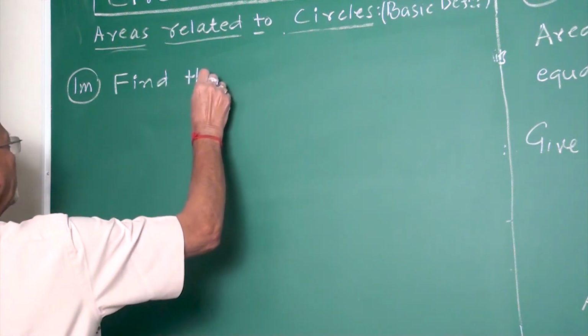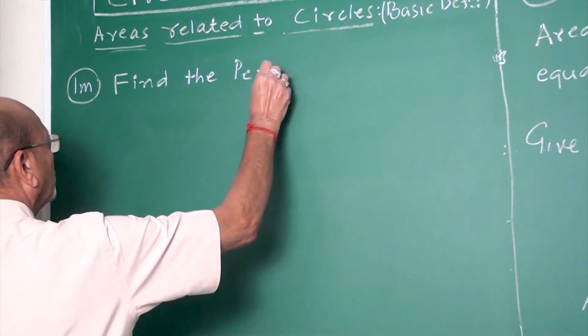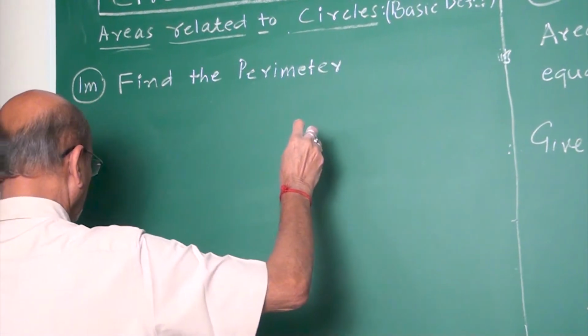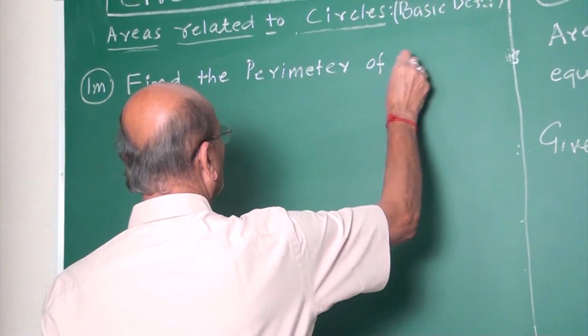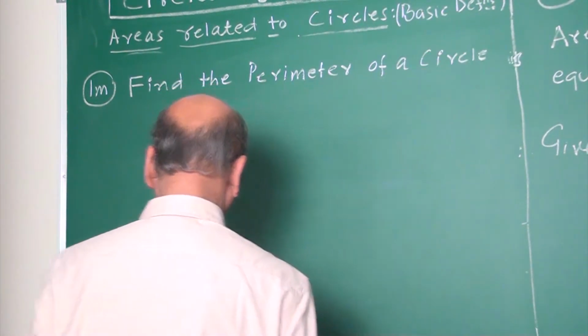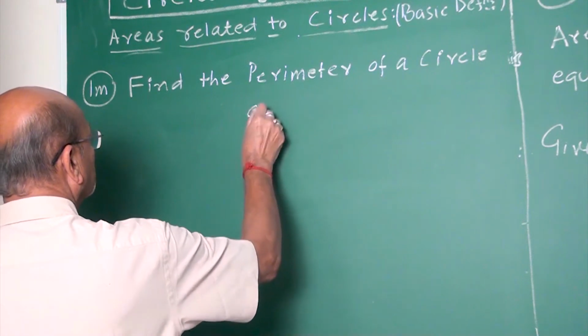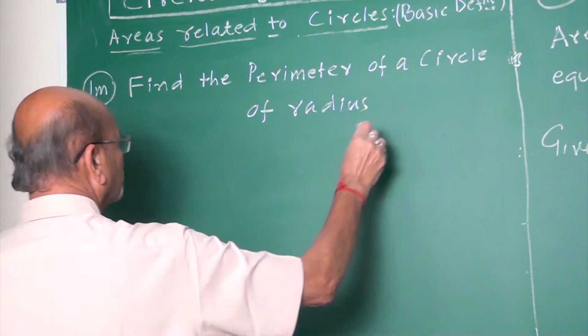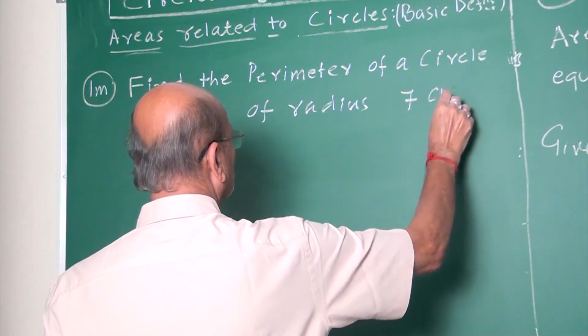Find the perimeter of a circle of radius 7 centimeters.